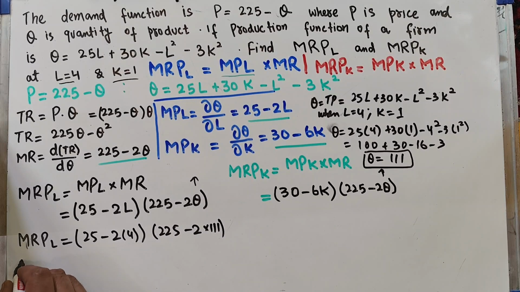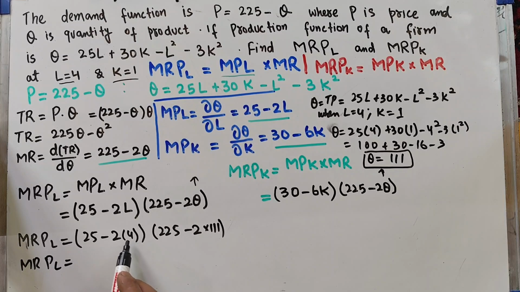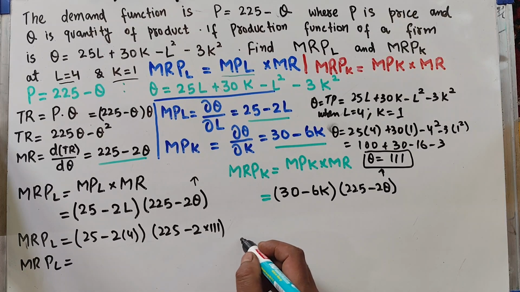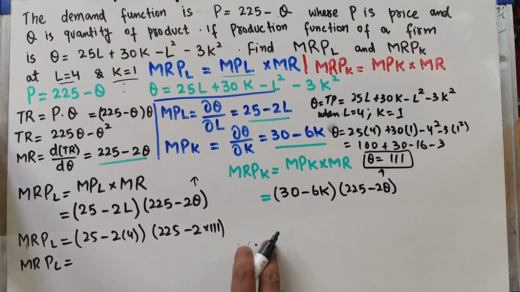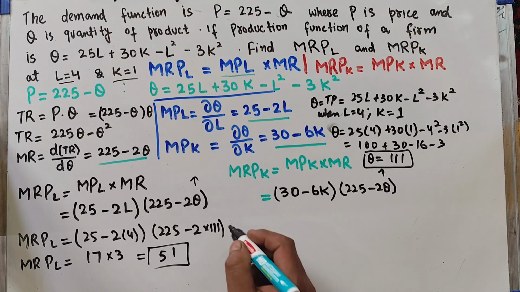Okay, solving this, MRPL will be equal to, 2 4s are 8, 25 minus 8 is 17. So we write 17. Then 2 times 111 is 222, and 225 minus 222 is 3. So this comes out to be 3 7s are 21, 3 1s are 3. So marginal revenue product of labor will be equal to 51.